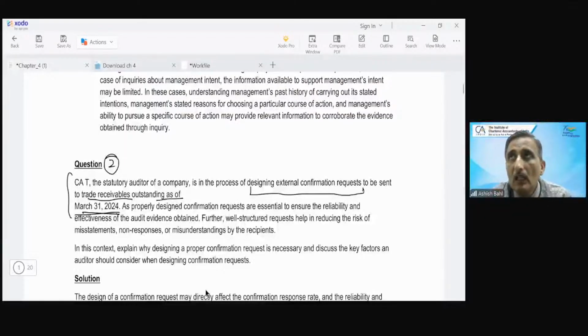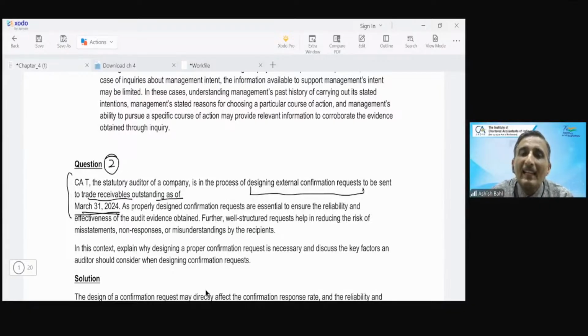So you know that the auditor sends external confirmation requests to, say, trade receivables or to trade payables or to other persons, and he gets direct response from those parties, okay, which forms the basis of audit evidence.